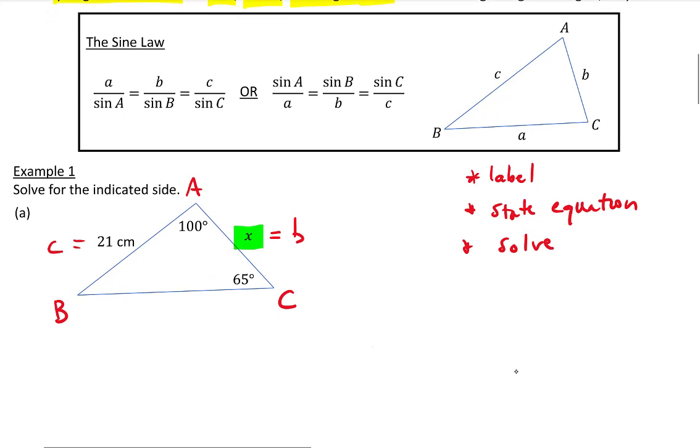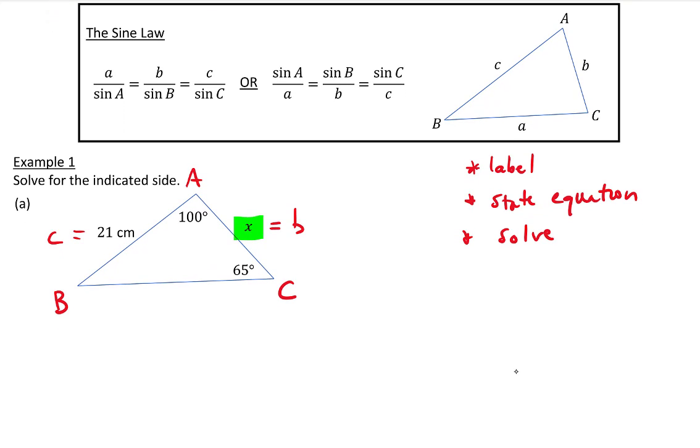When I use the sine law, I like to think of two things: what's my unknown ratio and what's my known ratio? I always start with the unknown ratio. If I'm looking for a side length, I'm going to use this formula, because the side is already in the numerator and it's going to save you one extra step.